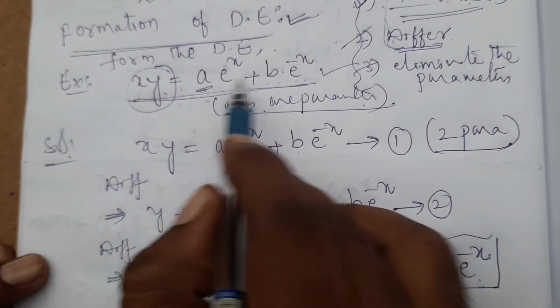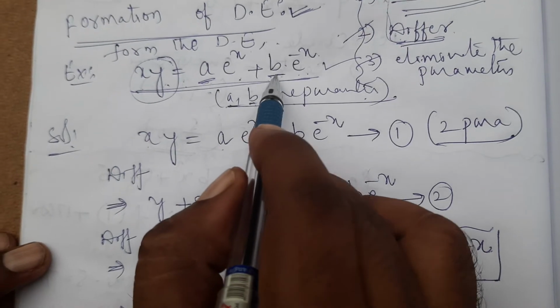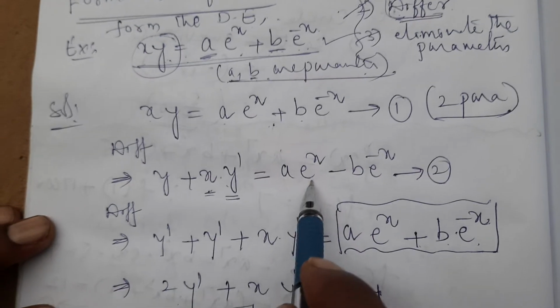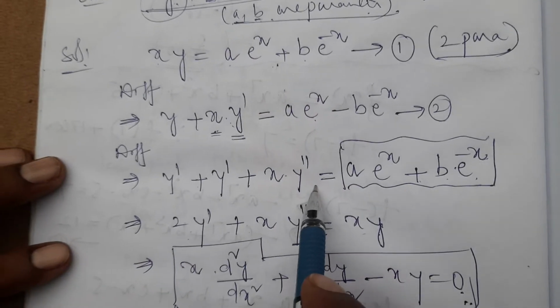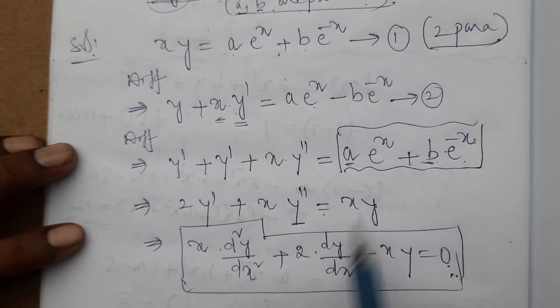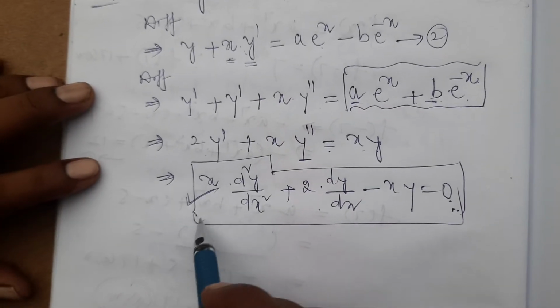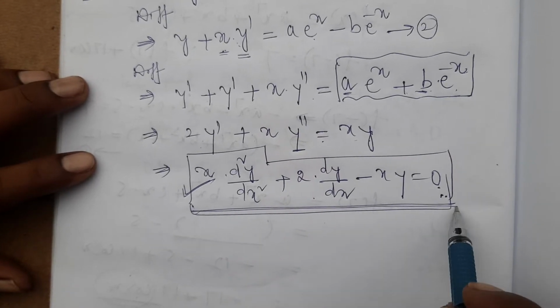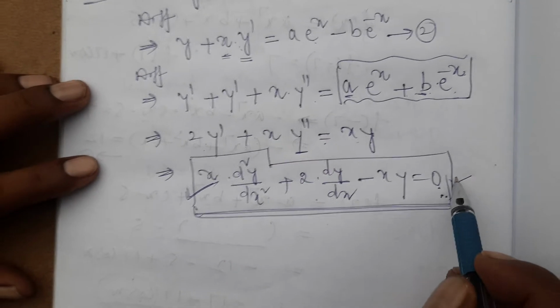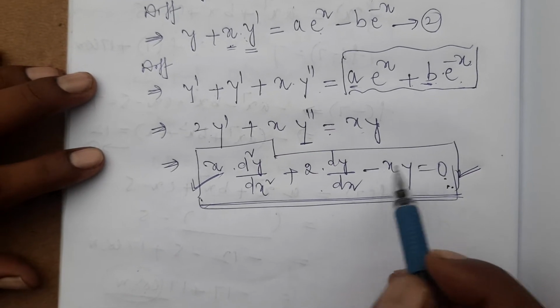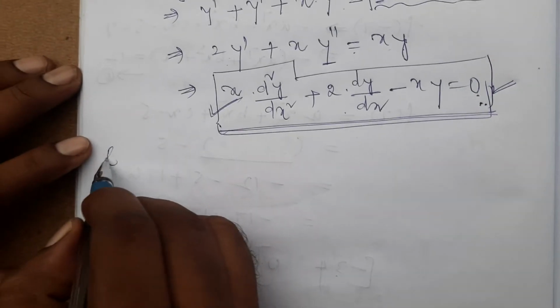Here two parameters were mentioned, so you differentiate the equation two times. After two differentiations, you eliminate the a, b values and you get an equation like this, which does not involve the parameters. So this is the formation of the differential equation. With one more example I will explain.